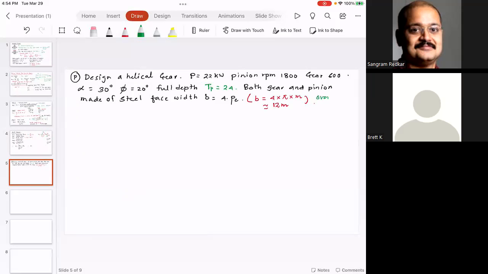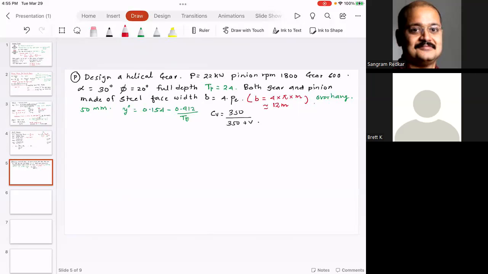Then overhang is 50 millimeters, and Lewis's form factor equation y prime is equal to 0.154 minus 0.912 divided by TE, where TE is the equivalent number of teeth, and CV, which is the velocity factor, is given as 350 divided by 350 plus V. So this is given to us.